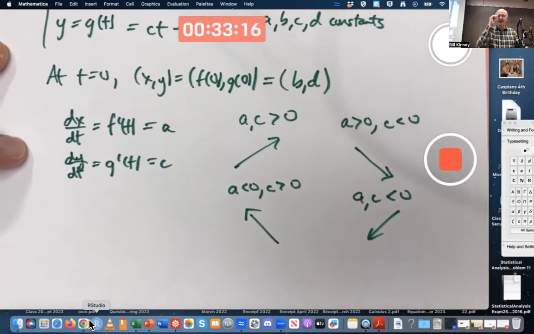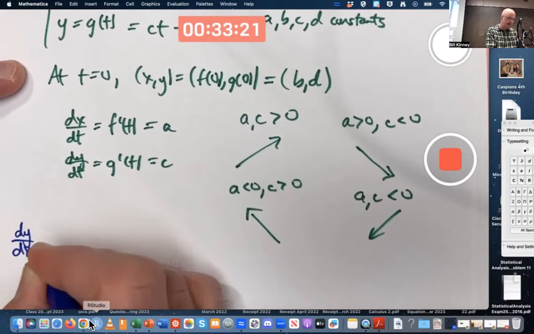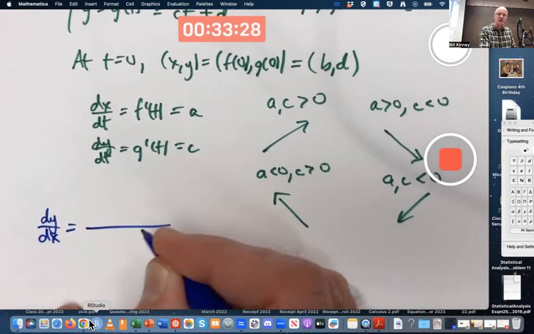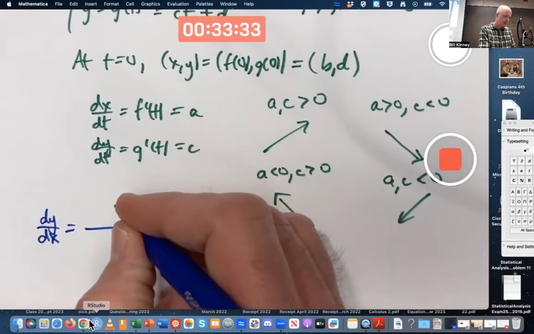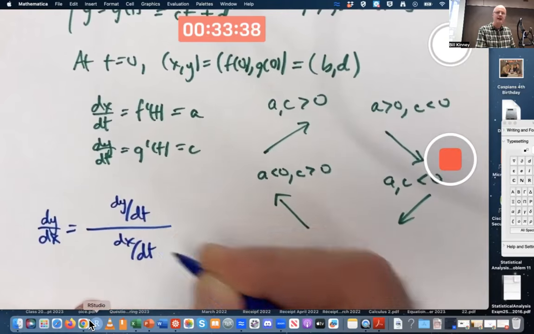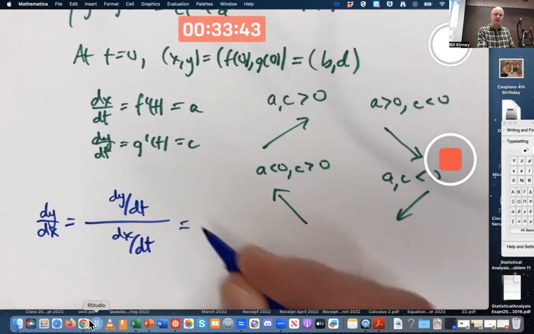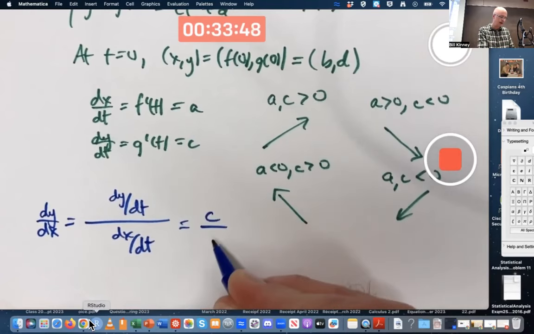I mentioned last time that the slope of a general parametric curve can be found, slope here, dy/dx, in the xy plane as a ratio of derivatives with respect to t: dy/dt divided by dx/dt. In general, that's a function of t. But for this example, it's a constant function. dy/dt is c, dx/dt is a.